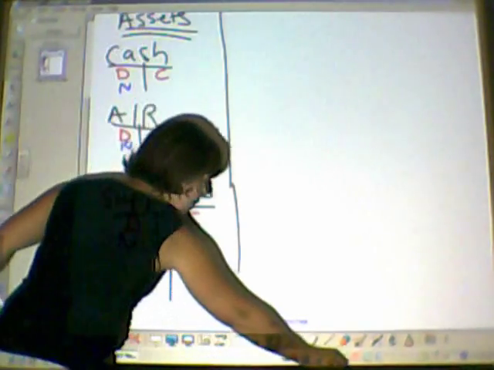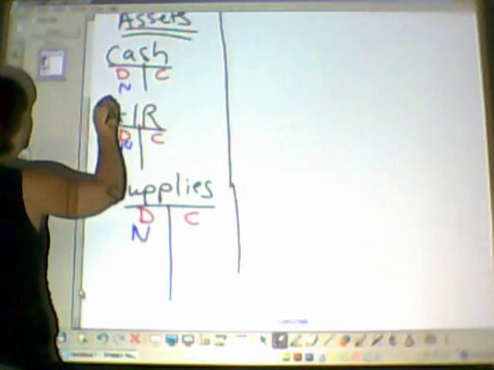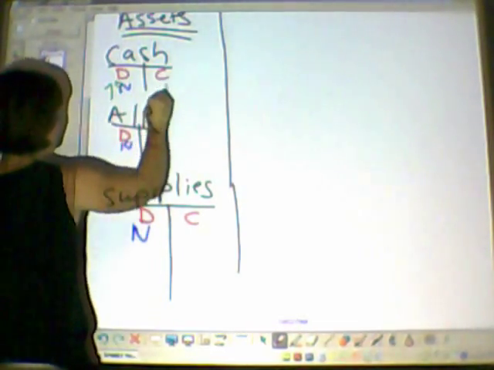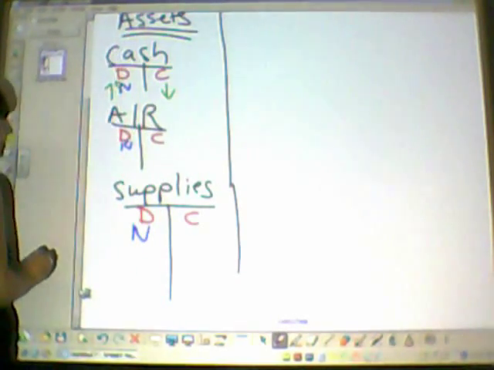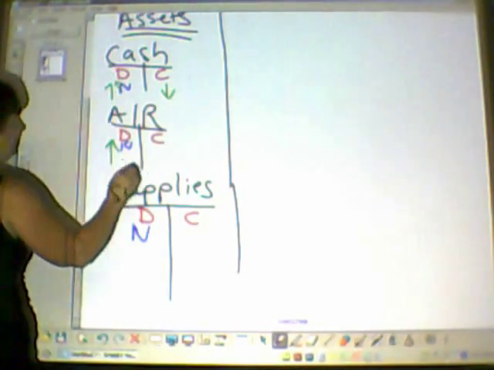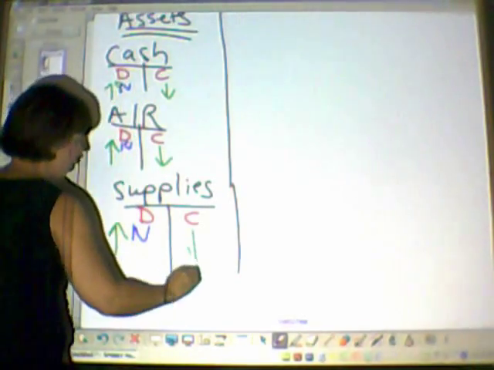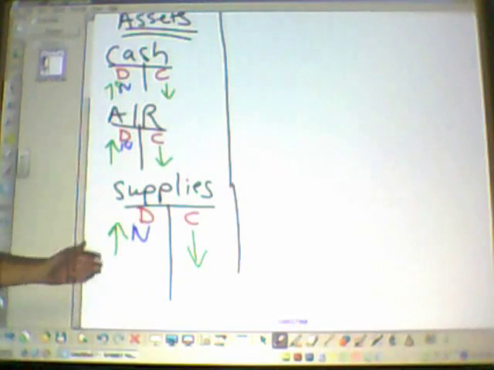Which means that if we were looking at putting cash in the account, the debit side increases cash, the credit side decreases. Okay? Debit side increases, credit side decreases, debit side increases, credit side decreases on assets.